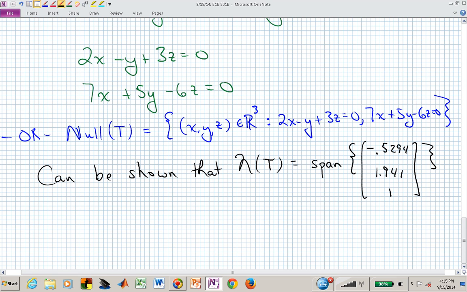If you do the algebra, it actually is this span of (-9/17, 33/17, 1). Those are the points you're now interested in: that particular direction, anything in that direction will actually be in the null space of that linear map.